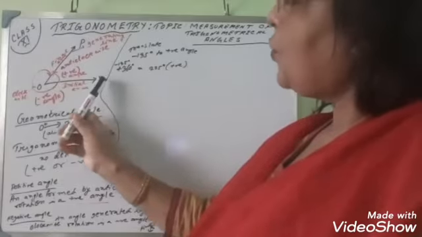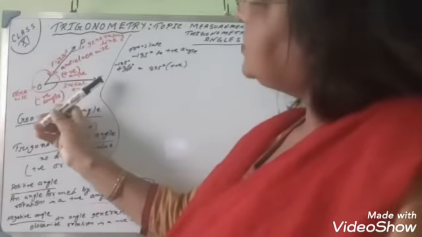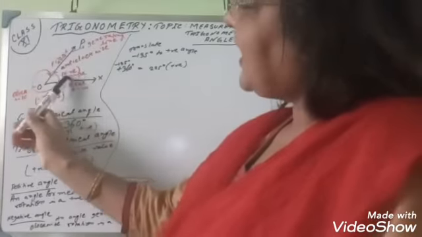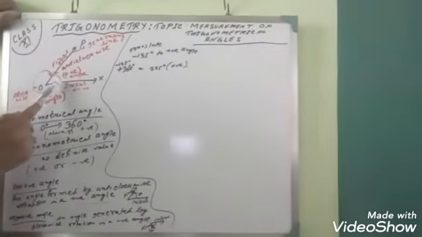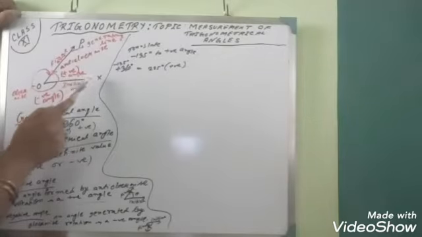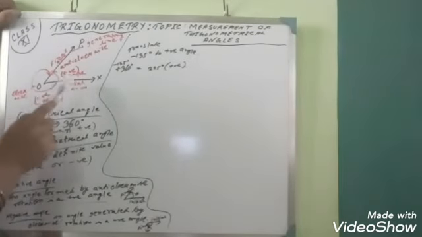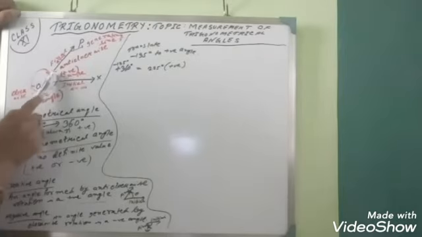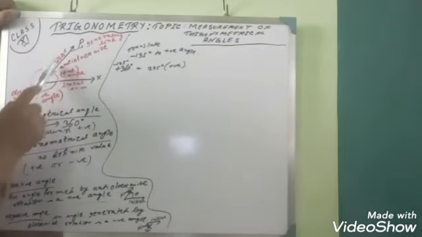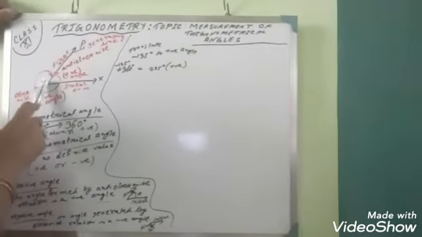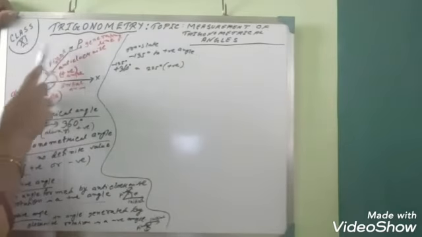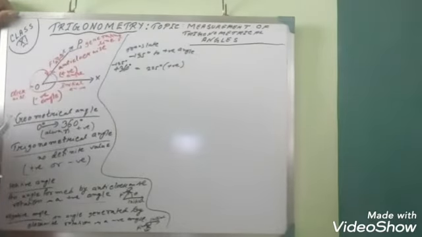OP generally comes to this point by anti-clockwise movement. That means if I draw the line OX from here, and move from this point to this point, that is anti-clockwise movement. OP is normally called the final arm, and since this line rotates, it is known as the generating line.